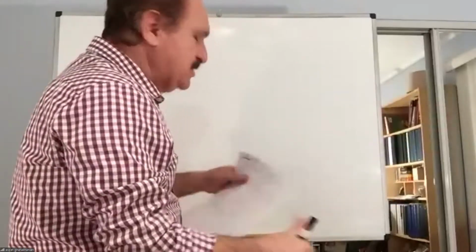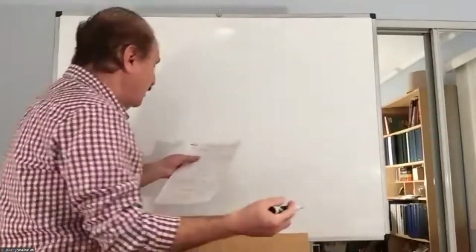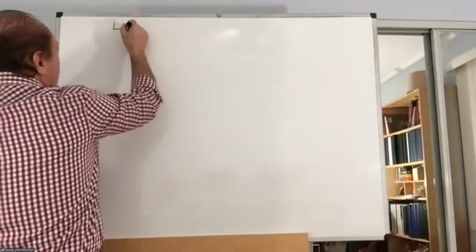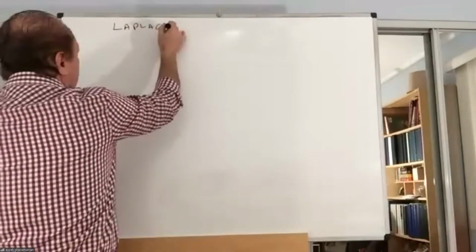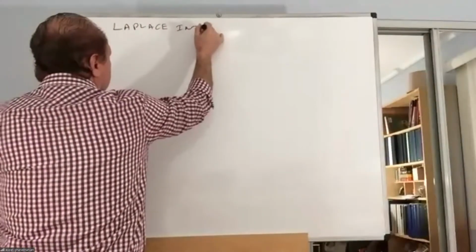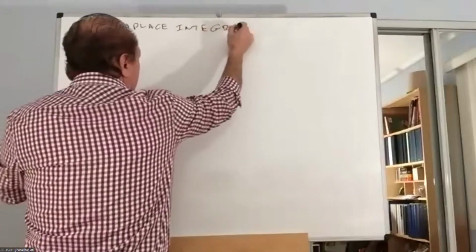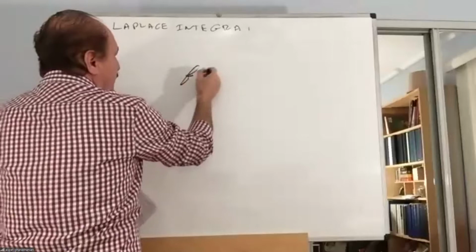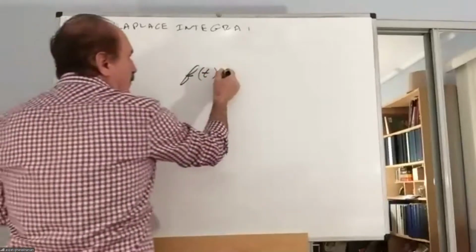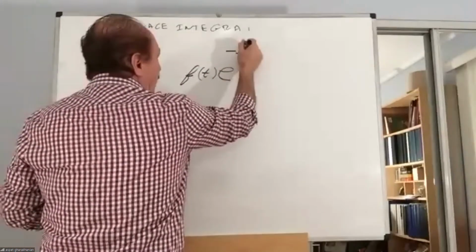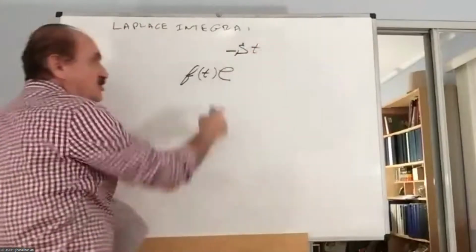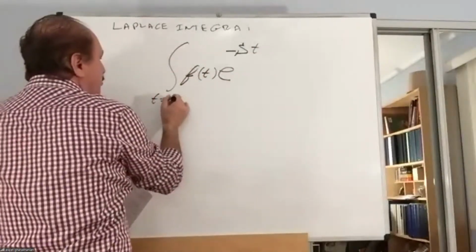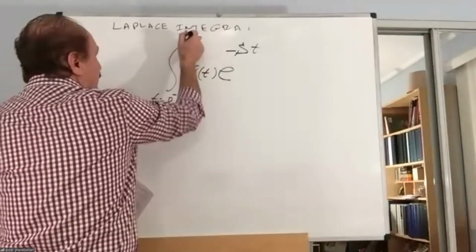So what is the function itself? This is called the Laplace integral. So simply, if you have a function f of t, we are multiplying it by e to the power minus st, which is an exponent, and we're integrating from 0 minus to positive infinity.